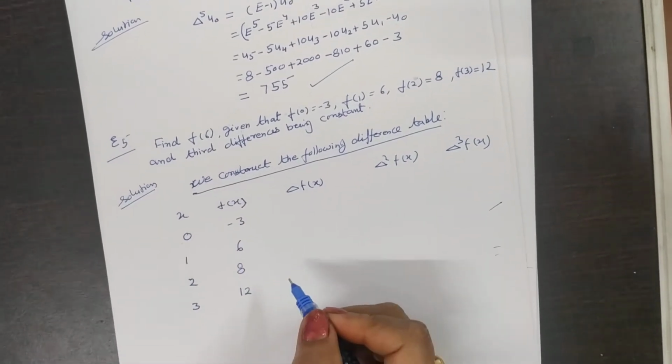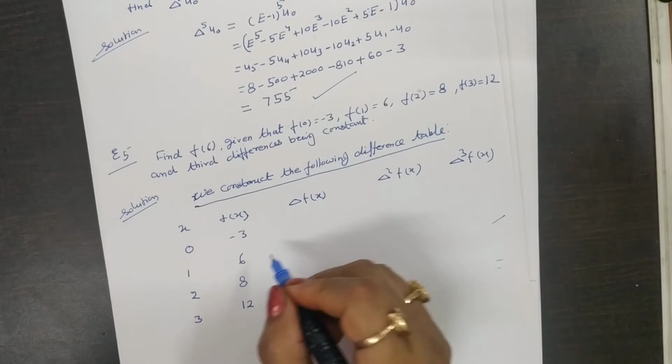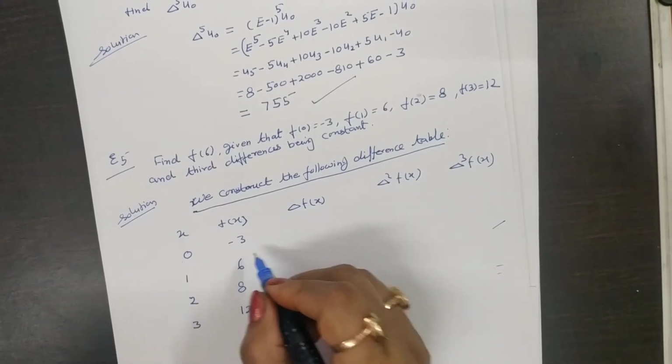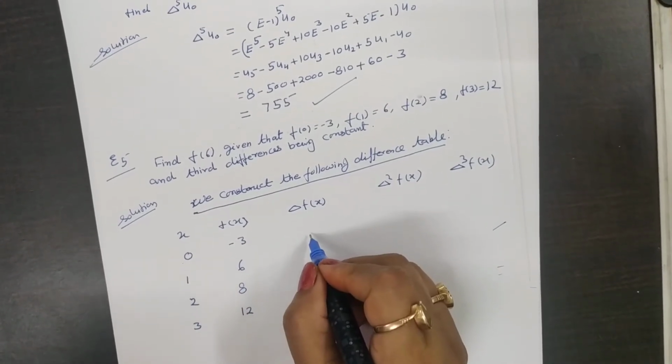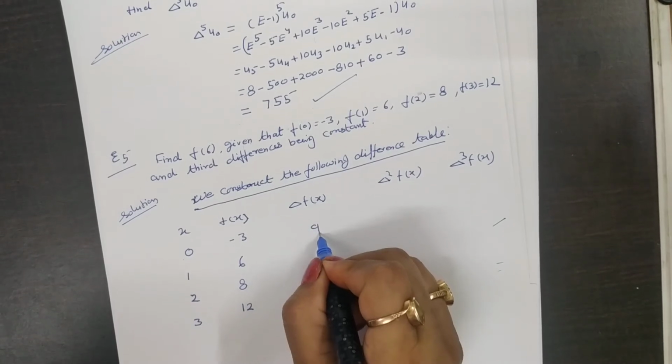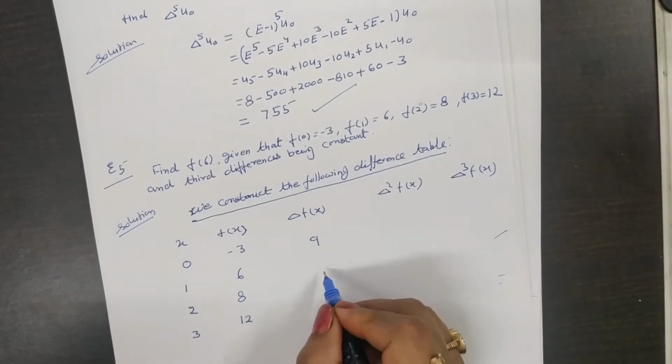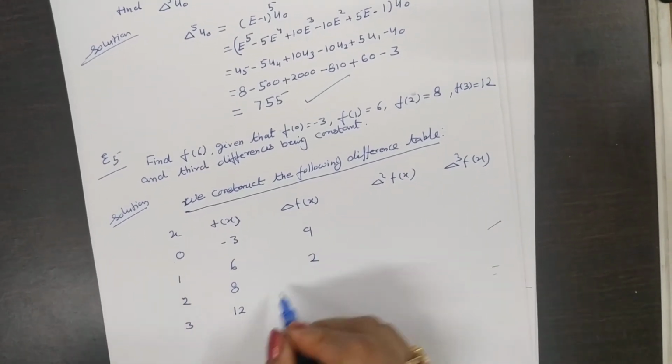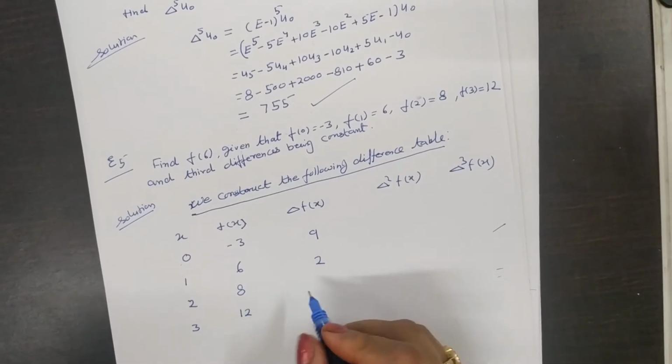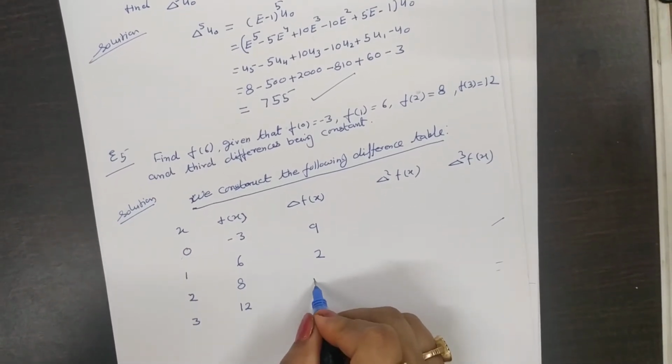Now you know delta f of x, that is 6 minus minus 3, that is 9. 8 minus 6, that is 2. 12 minus 8, that is 4.